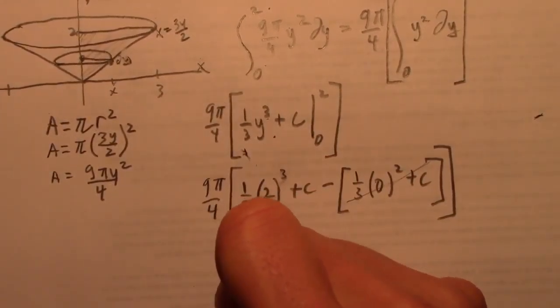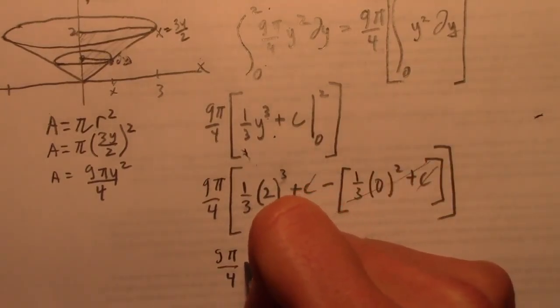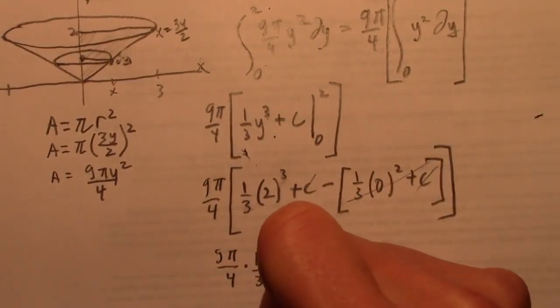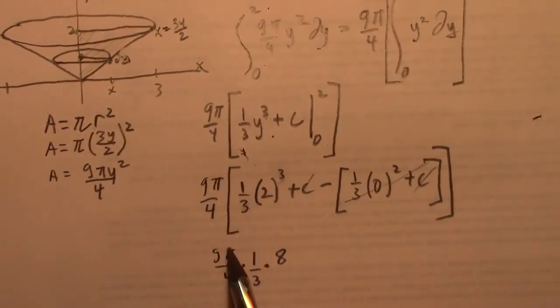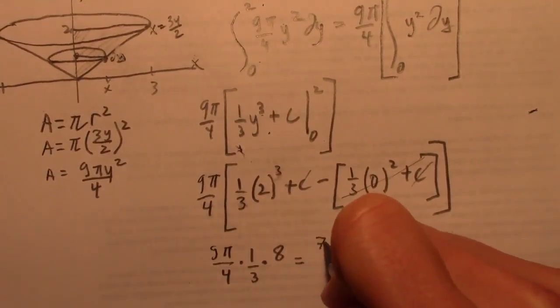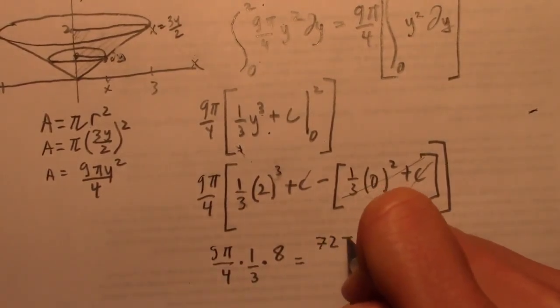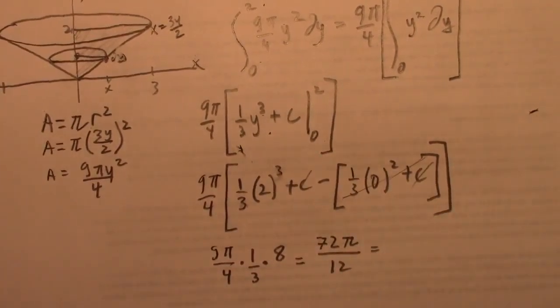So we have 9 pi over 4. The c's cancel. And then we have times 1/3 times 8. Ugh. So let's make sure we did that right. All right. So then it's 72 pi over 12.